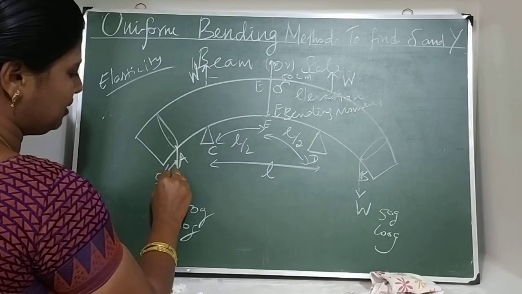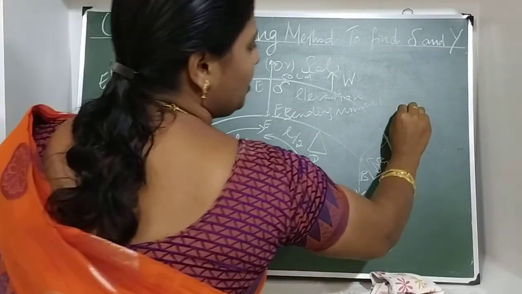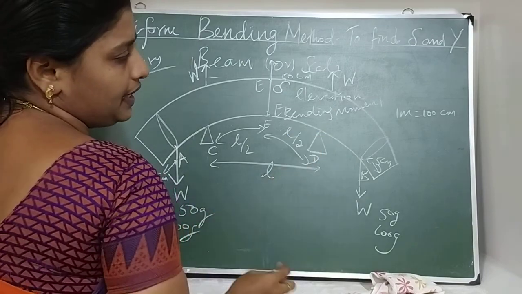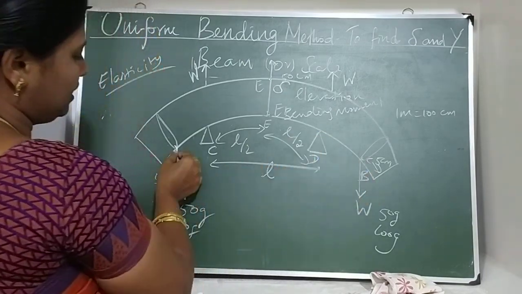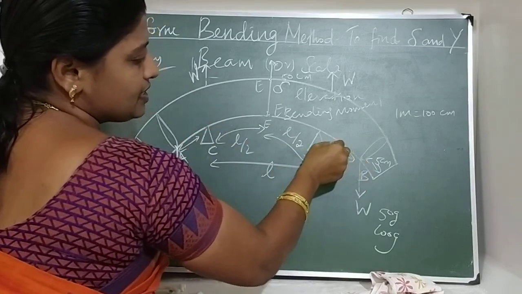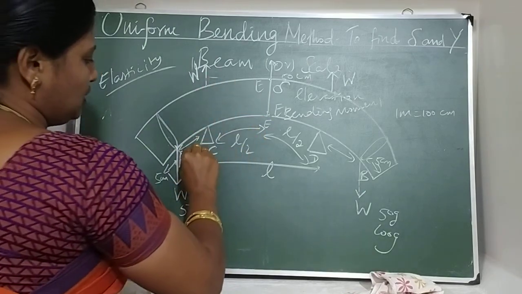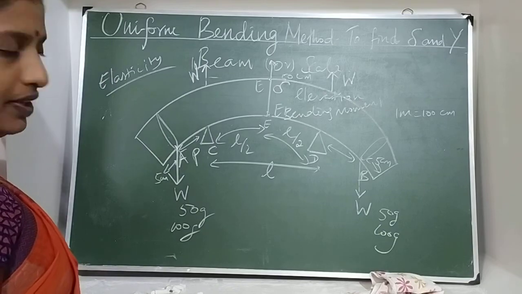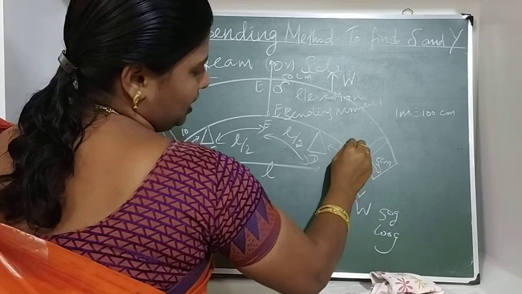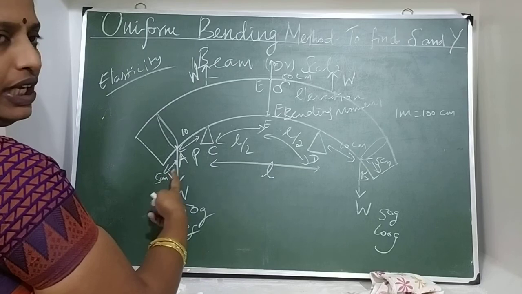For example, 5 centimeter is allotted on this side. 1 meter equals 100 centimeter for the wooden scale or rod. Take 5 centimeter on this side and 5 centimeter on that side, the same distance on both sides. You analyze this unknown distance, which we consider P. For example, cut 10 centimeter here: 10 plus 5 is 15.